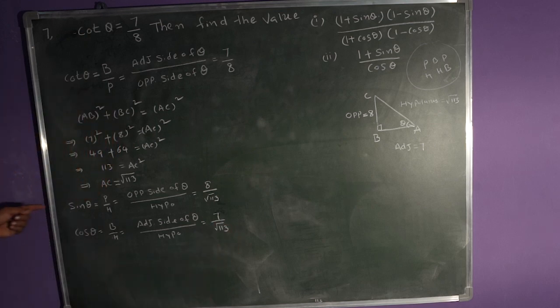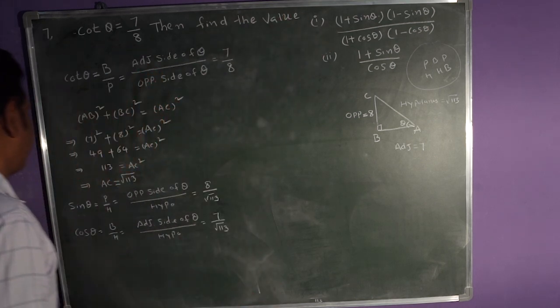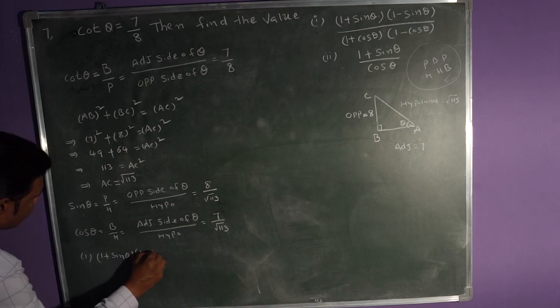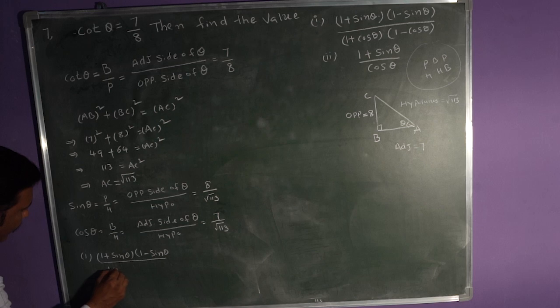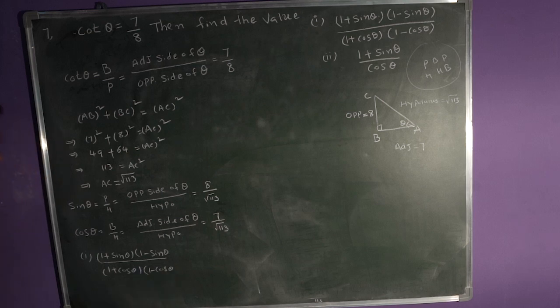Sin value is there, cos value is there. Find the first one. The first one is (1 plus sin theta) into (1 minus sin theta) divided by (1 plus cos theta) into (1 minus cos theta).